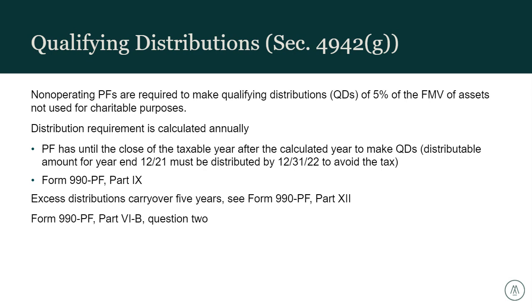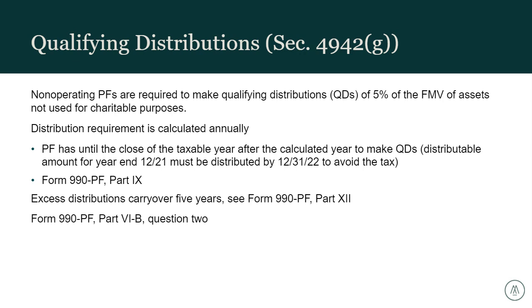As I mentioned before, this is calculated on the Form 990-PF, Part 9. A lot of organizations have excess distributions, so they distribute more on an annual basis than the requirement. And those excess distributions are also shown on the Form 990-PF Part 12 for a period of 5 years.